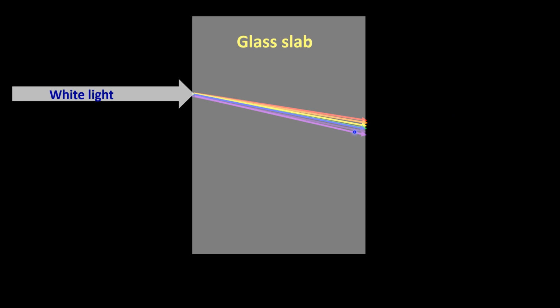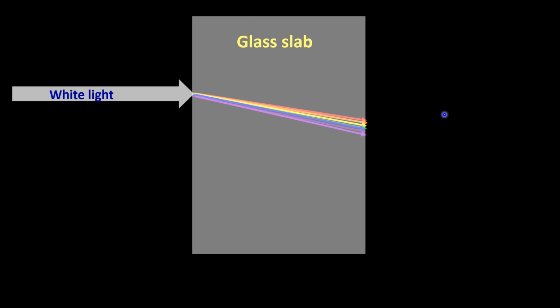Suppose you take only red color light. This red light has to travel from denser to rarer medium. That means we have to draw a normal here. So when a ray of light travels from denser to rarer medium, what will happen?